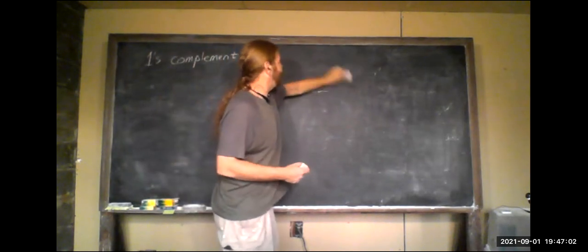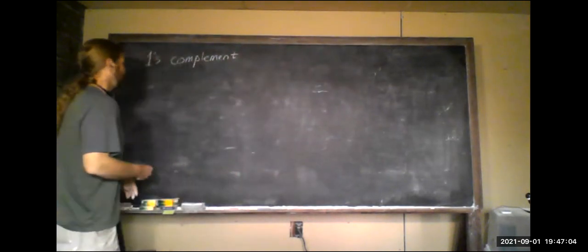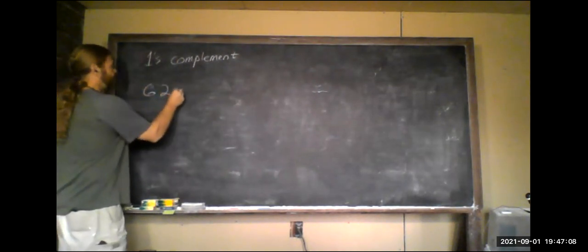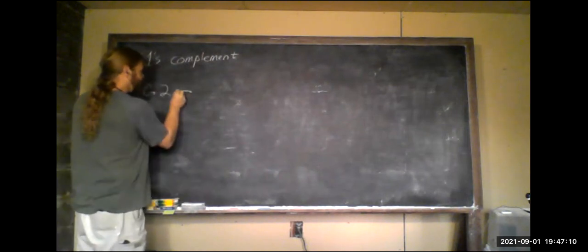So whenever we have a binary number, so let's take 62. Somebody tell me how to write 62 in binary?